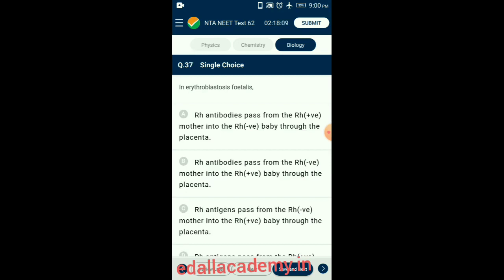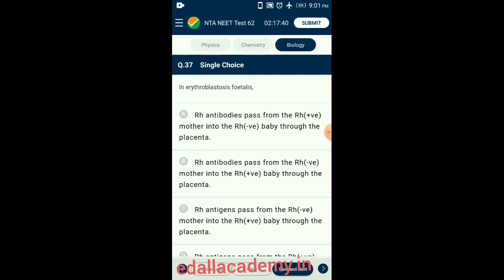Question number 37. In erythroblastosis fetalis, the mother starts preparing antibodies against Rh antigen in her blood. In case of her subsequent pregnancies, the Rh antibodies from the mother, Rh negative, can leak into the blood of the fetus, Rh positive, and destroy the fetus's RBCs.